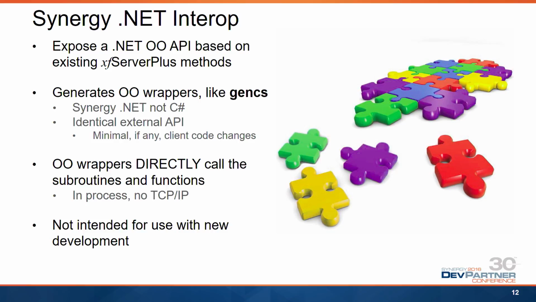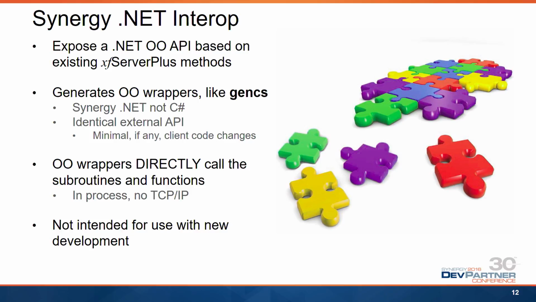So Synergy.NET Interop does a very similar thing. It code generates a .NET object-oriented API based on what's defined, well, I'm going to say in the method catalog. It doesn't actually use the method catalog. It uses those attributes that we talked about earlier in the code directly. But conceptually, you can think of it doing a very similar job to GenCS.